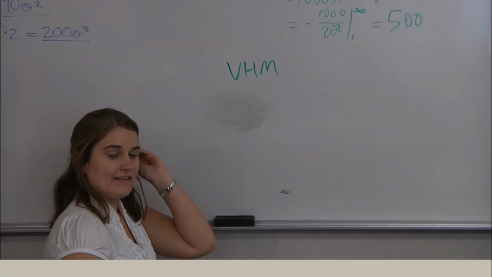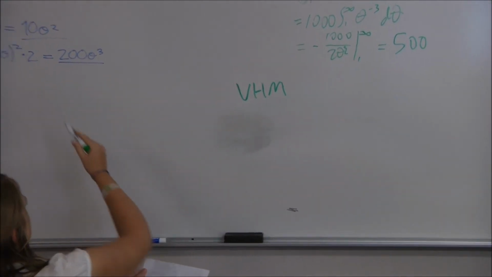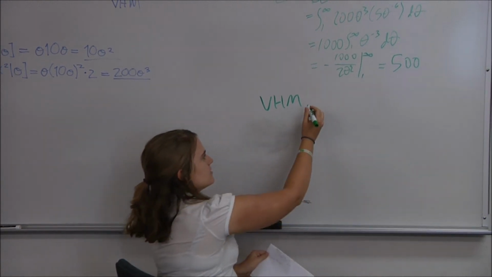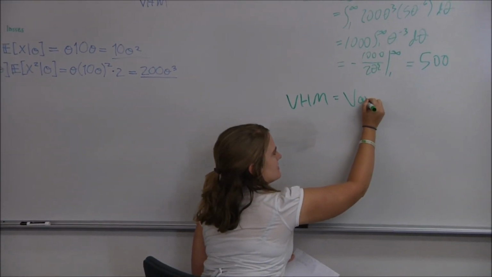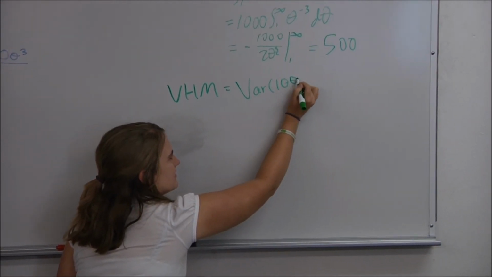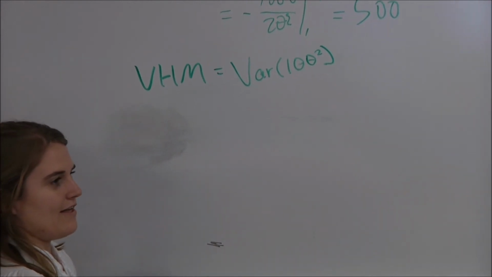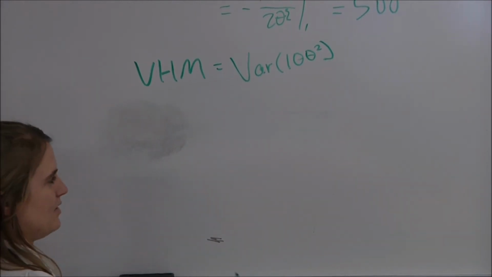Now we need to find the variance of hypothetical means. And we found that our hypothetical mean was 10 theta squared. So we need to find the variance of 10 theta squared. In order to do that, we need to find the first moment and the second moment.